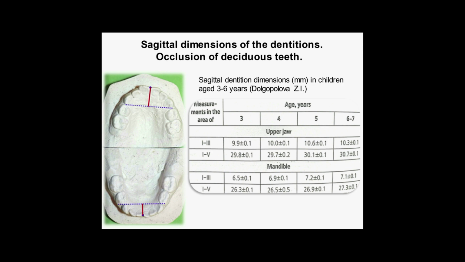The length of the anterior segment of the dentition is measured from the midpoint of the distance between the mesial corners of the central incisors, from their vestibular surface along the sagittal plane to the point of intersection with the line connecting the distal surfaces of the crowns of the canines.